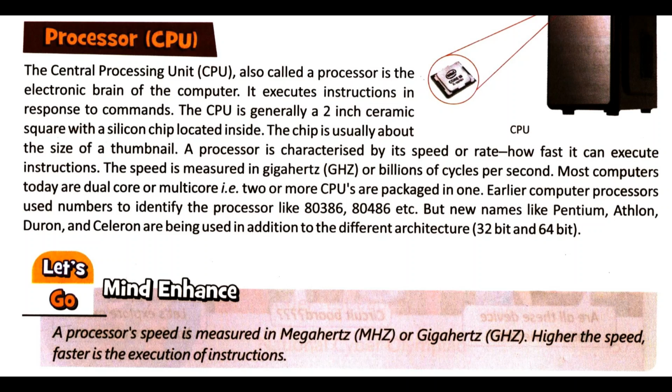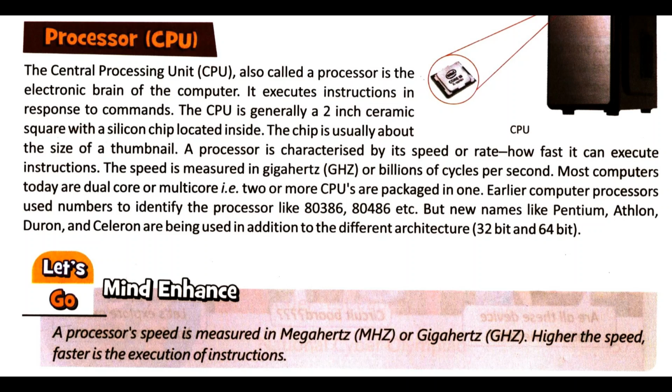The speed of the CPU is measured in gigahertz or billions of cycles per second. Nowadays, most computers use dual or multi-core CPUs, which means that more than two CPUs are packed together in one.